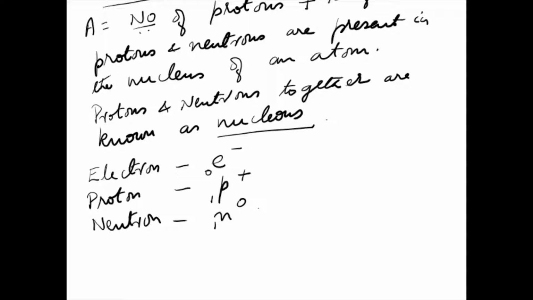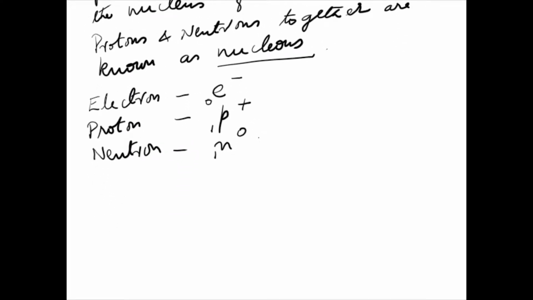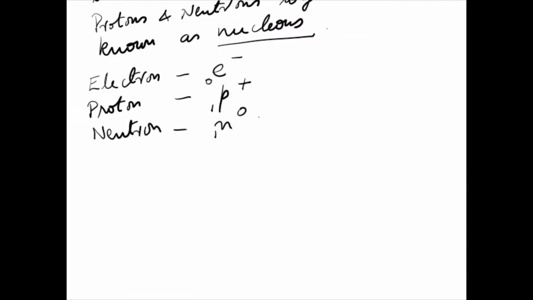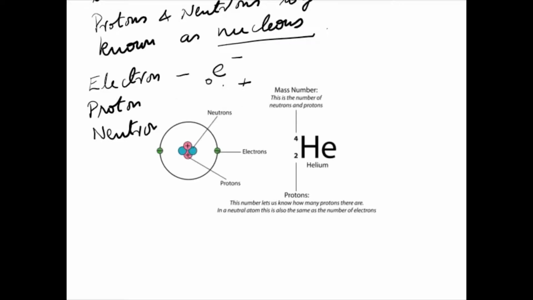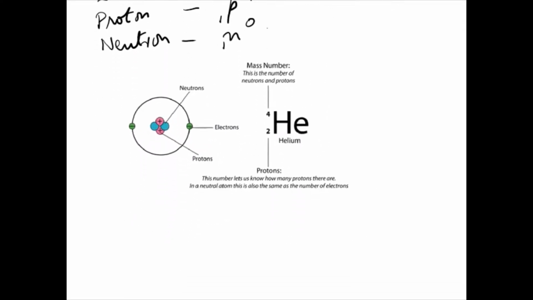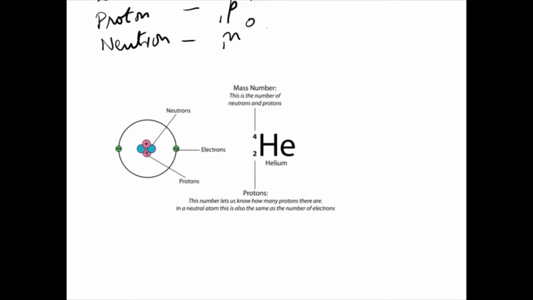Okay, now the atomic model you have recently done in chemistry also, in 9th standard also you have done the atomic model. You have done a little bit of atomic model in chemistry in the chapter chemical bonding. Anyway, let us just brush up quickly the atomic model. Now the atomic model, you know, the nucleus is in the center of the atom, and let me take the example of the helium atom. This is the helium atom.